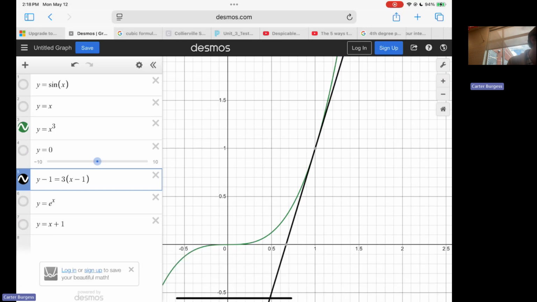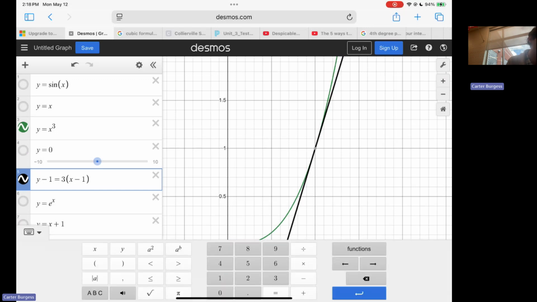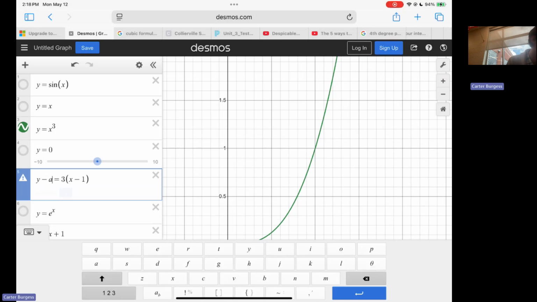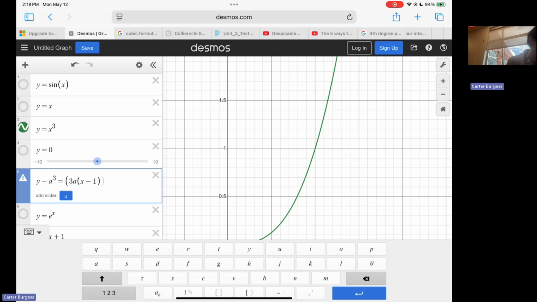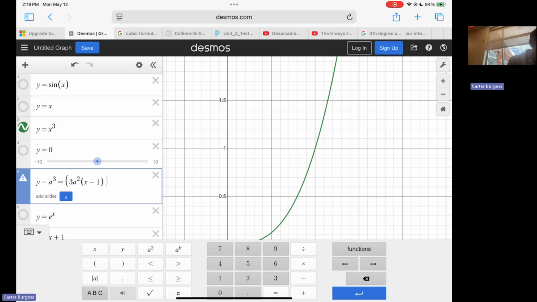Let's change this to a cubed, because that's our function. And then we'll change this to 3 times a squared. That's how we're finding the slope.